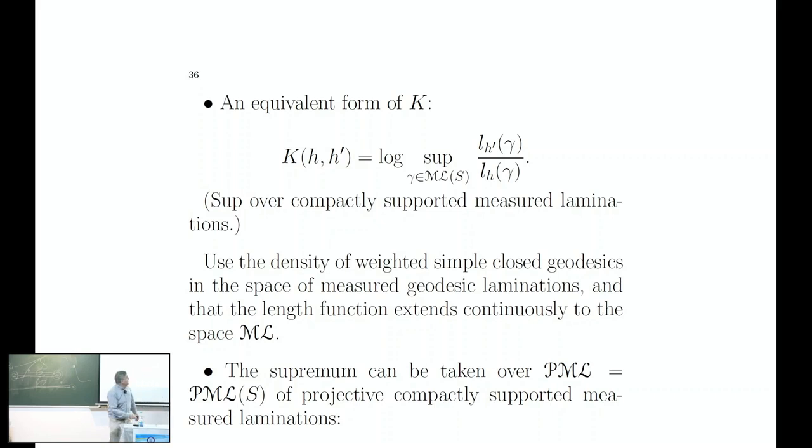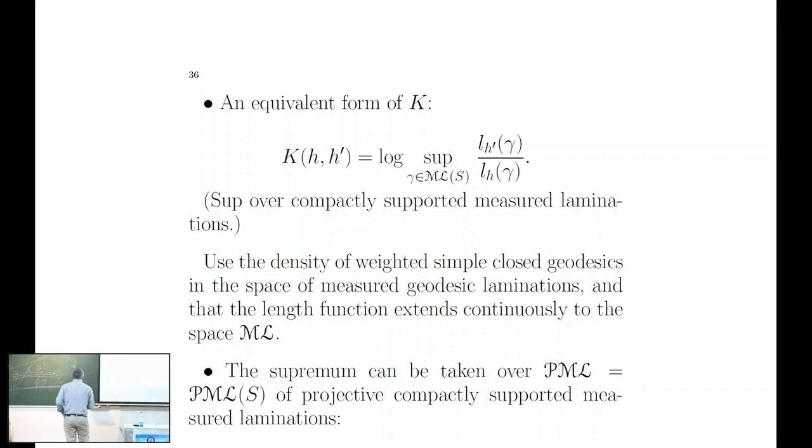In exactly the same way, the space of measured geodesic laminations... Here, the supremum is over compactly supported measured laminations. We don't need the term compactly supported.